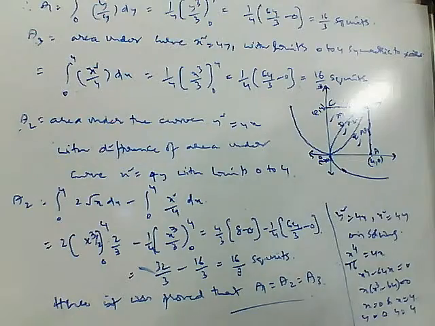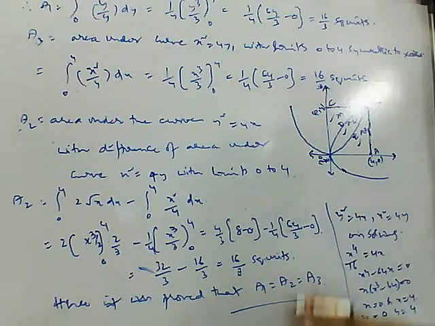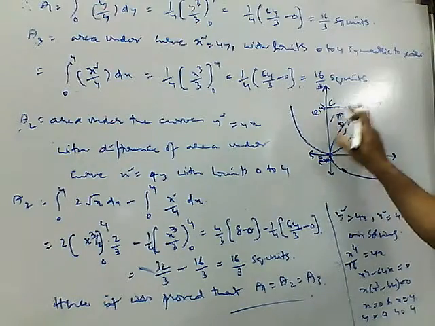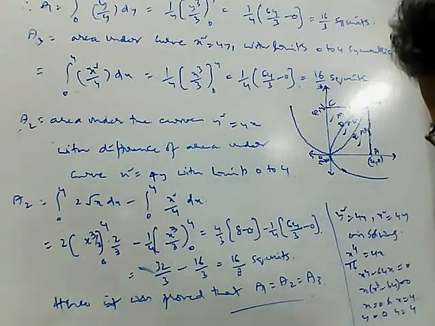Very clear? Bounded by those two curves, x square equal to 4y and y square is equal to 4x. You have to be careful in identifying the regions, with respect to which limits to be taken with respect to what axis. All right?